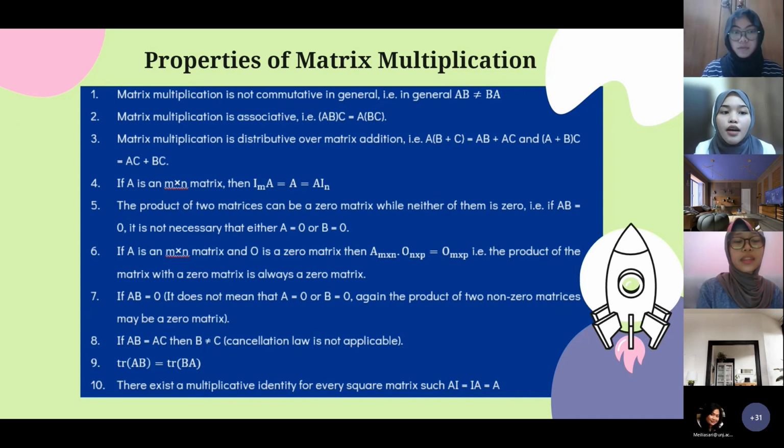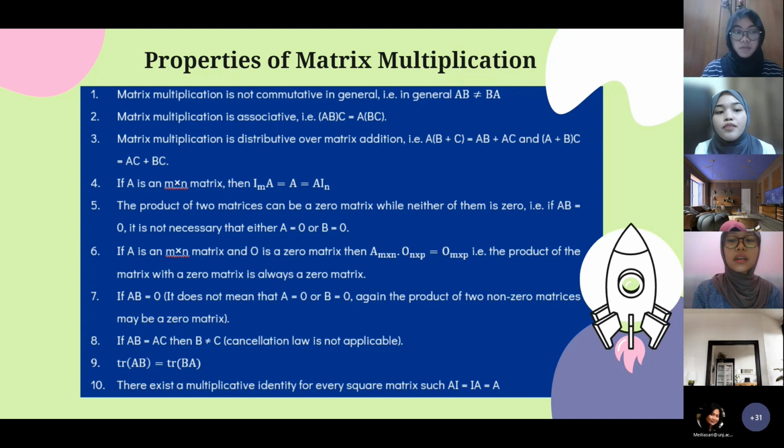And four, if A is an m by n matrix, then I of order m times A is equal to A, and equal to A times I of order n. Five, the product of two matrices can be a zero matrix while neither of them is zero.